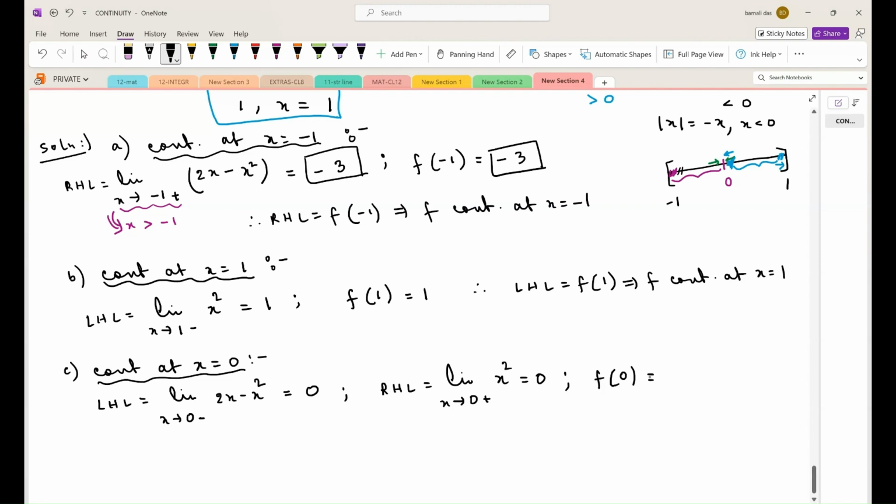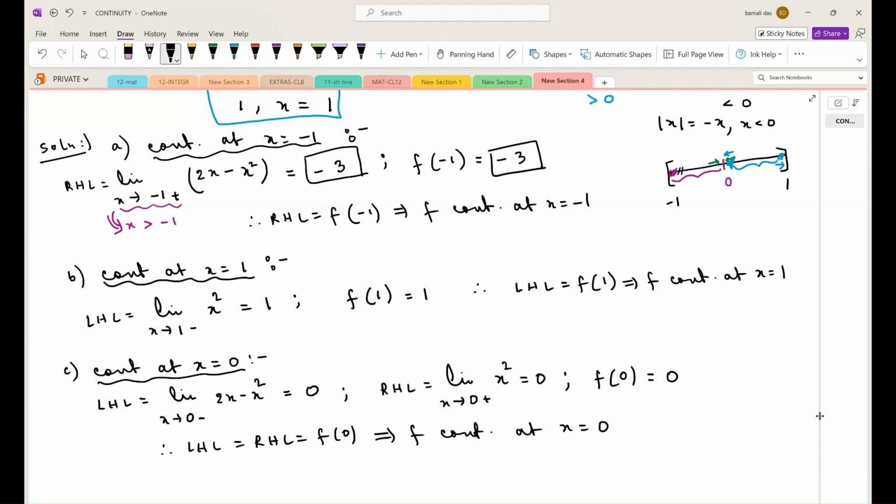Again, you can see from the redefinition that it is 0. Therefore, we have left hand limit equal to right hand limit equal to functional value. So f is continuous at x equal to 0. So we have shown that f is continuous at minus 1, 1 and 0.